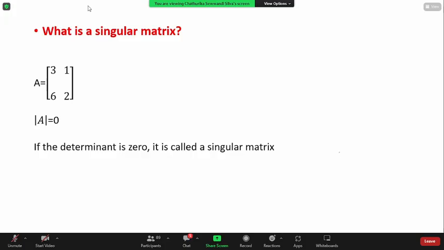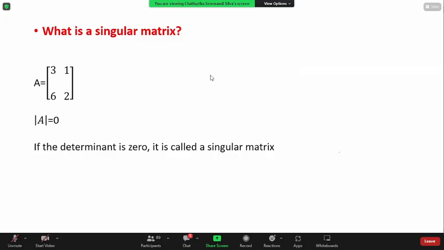Why? Because actually the inverse is not going to zero. Here, how do you find the inverse? Inverse is the cofactor matrix divided by the determinant. So if the determinant is zero, then it is the cofactor matrix divided by zero.